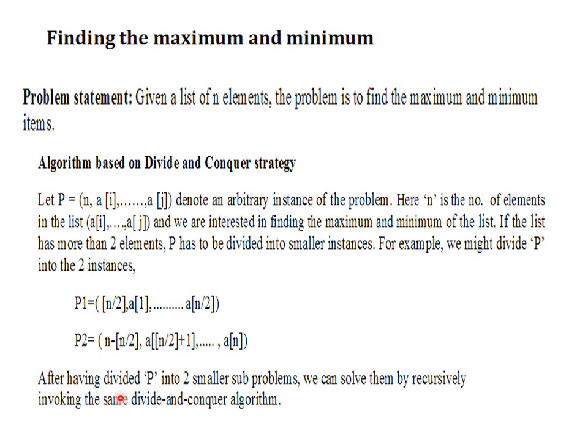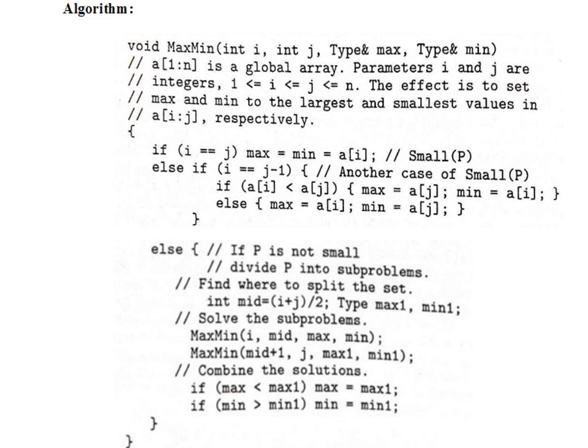So after having divided P into two smaller subproblems, we can solve them by recursively invoking the same divide and conquer algorithm. This is the divide and conquer algorithm shown in the slide. Here is the function definition.